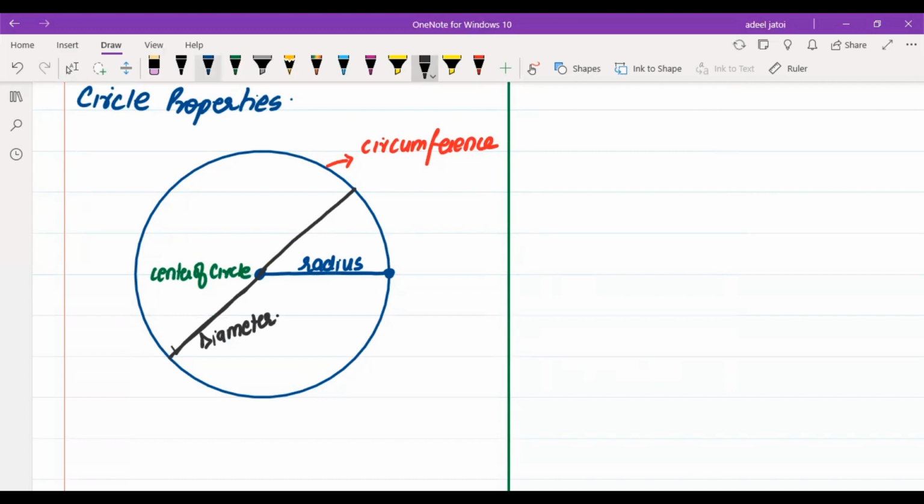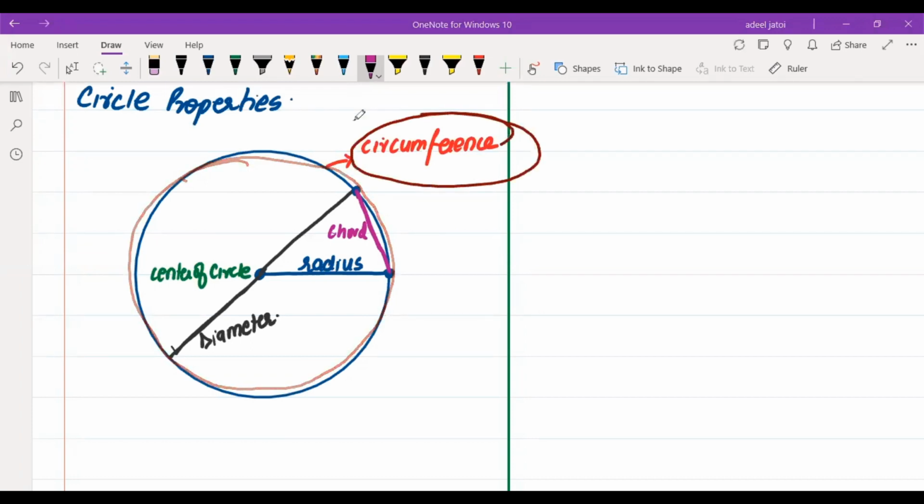A line that connects 2 points on the circumference, and does not cross the center of the circle is known as chord. So that particularly means that this is the circle, and this is your circumference.